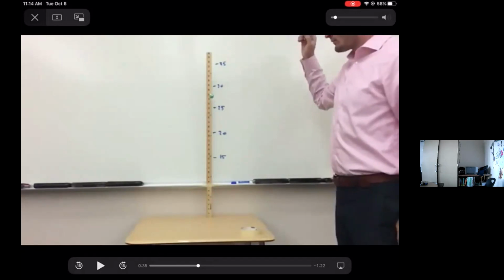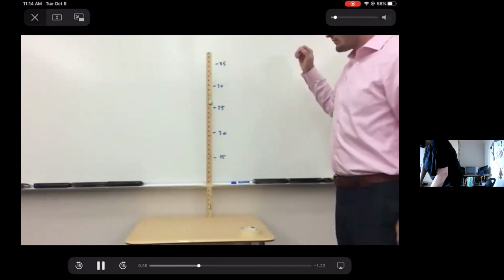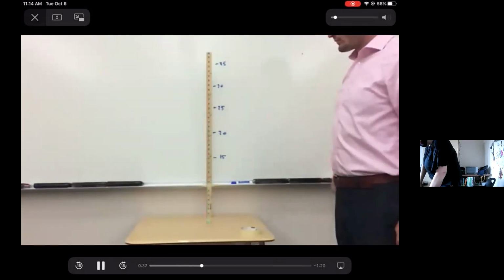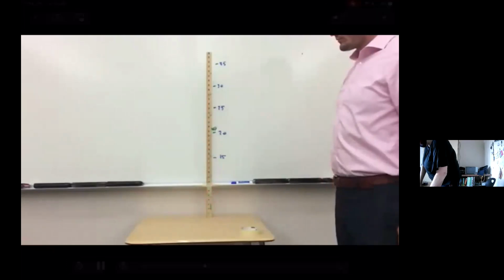So we're going to make a table. Bounce 0, we're at 36. First bounce, we're at 27. Let's let it bounce again. Now it's coming back down, going up.